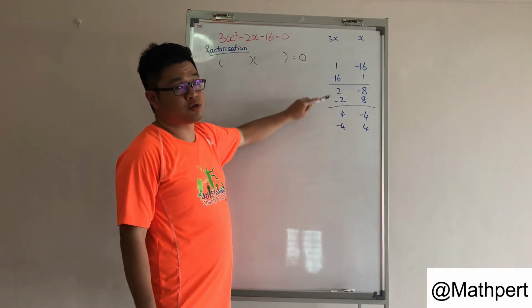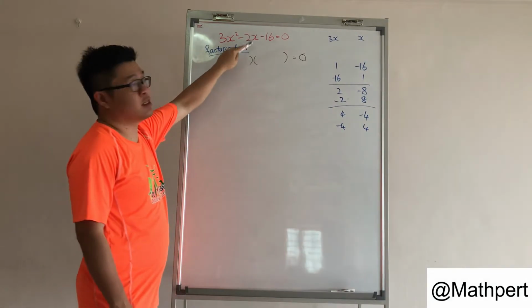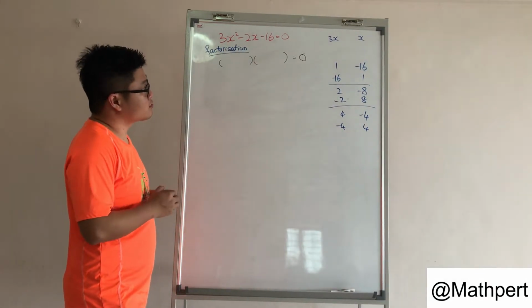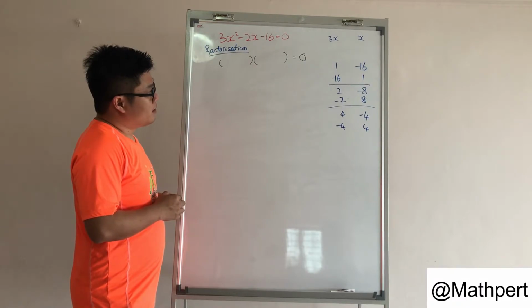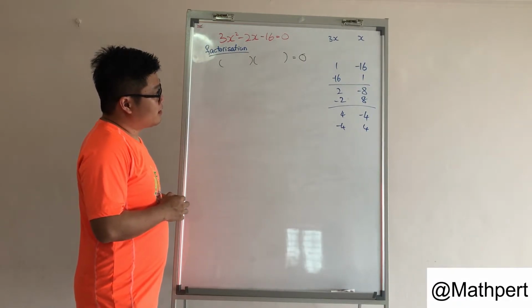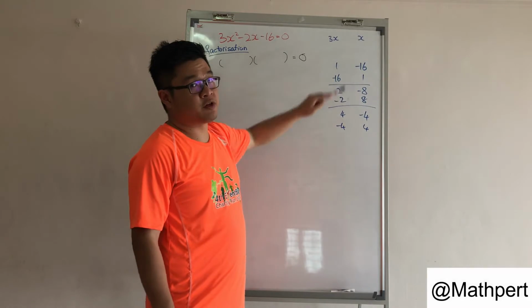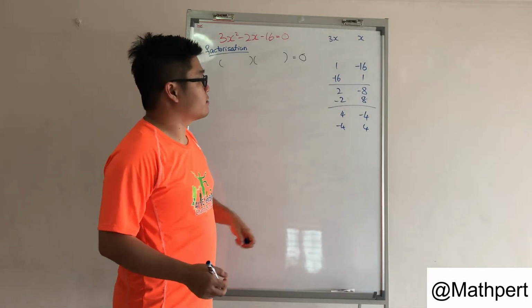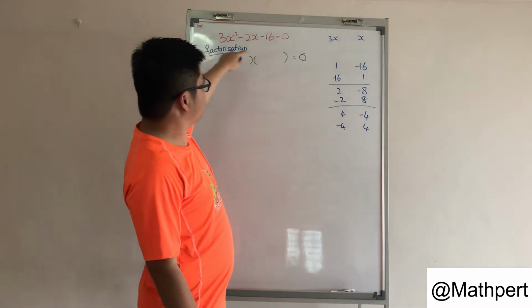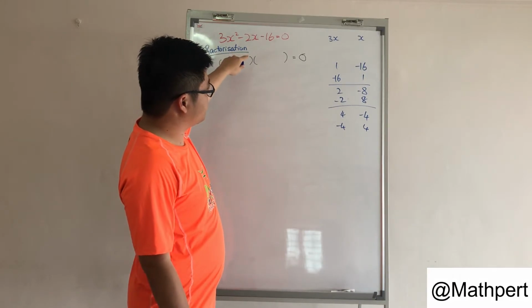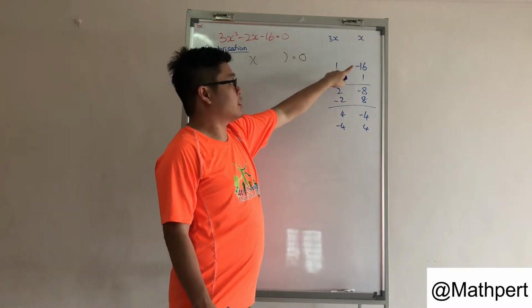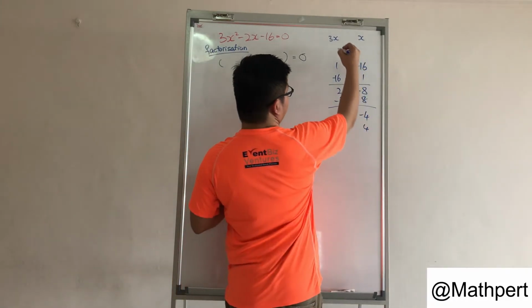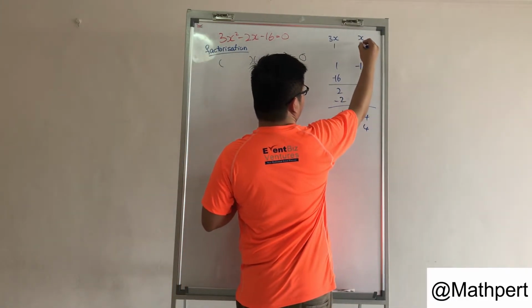So how do we choose? We choose based on this negative 2. Let us choose the first one and see what we can get. I will choose 1 and negative 16 first. So we put it here, 1 and negative 16.